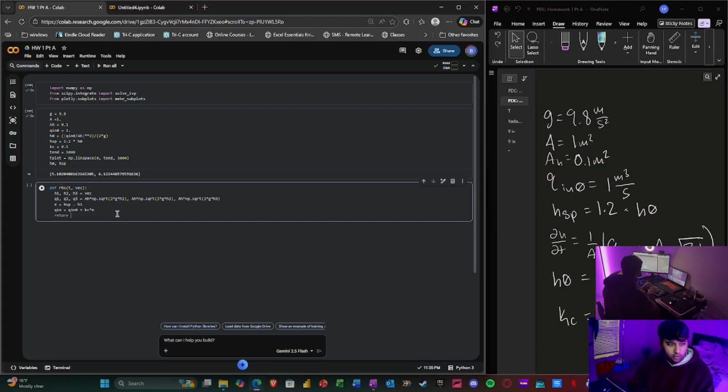And then we're going to return with our dH over dt equation, which is just this right here for all three tanks. But instead of writing all of this, it's just Qn minus Q1, Q1 minus Q2, etc. So let's get to that, and then divide it by the area.